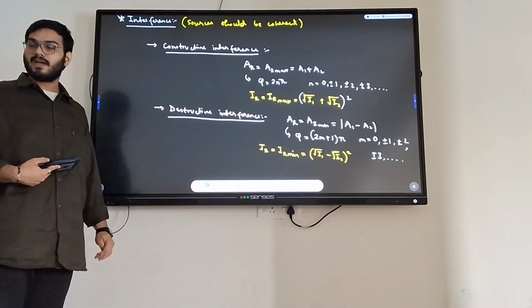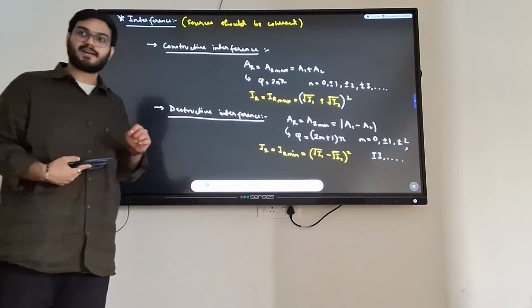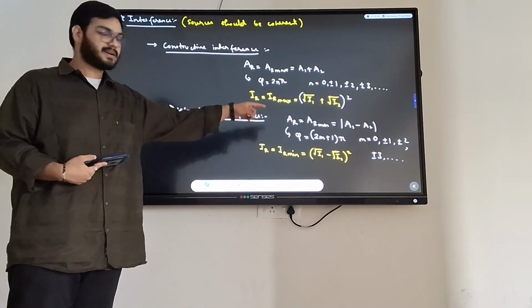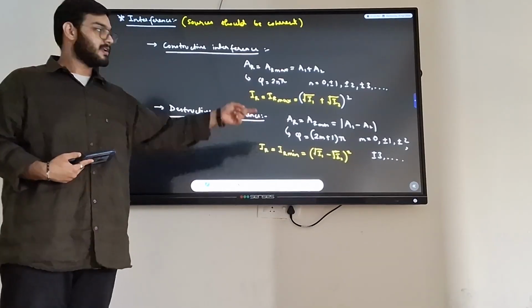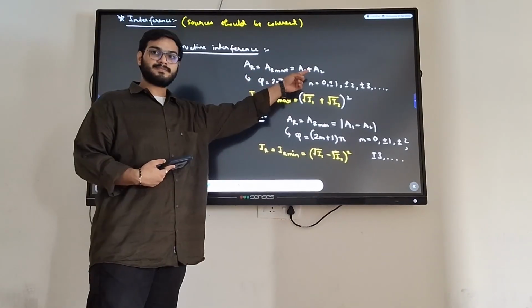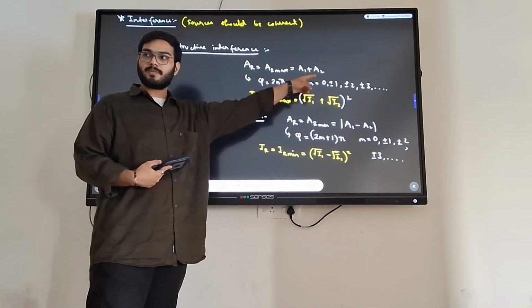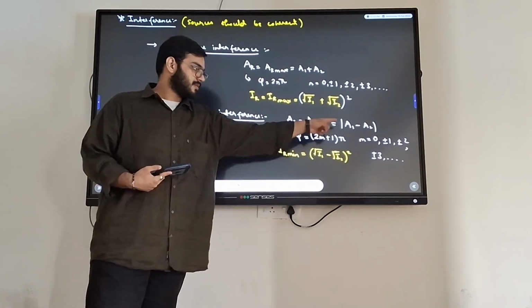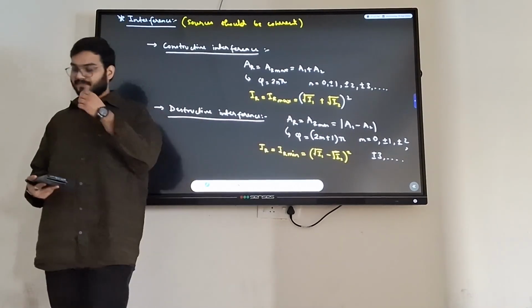And if their amplitudes are exactly equal, then they will subtract exactly equally and it will be 0. And what will you get here? 2A0. A0 plus A0, that's 2A0. Here A0 minus A0, 0.